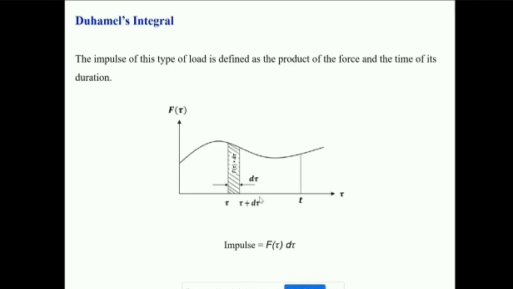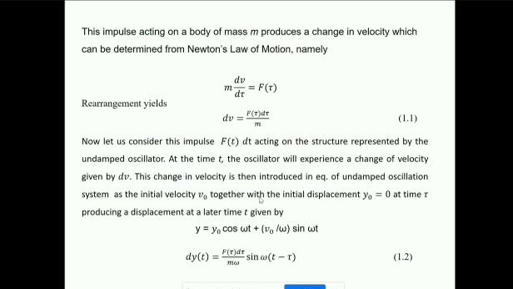Am I able to make you understand? So dy(t) is coming as this, and here it is d tau, so there should be an integration to get the value of the response at time t.